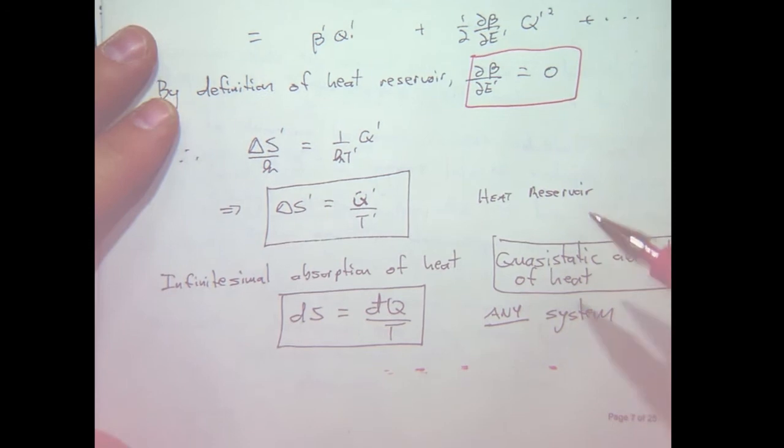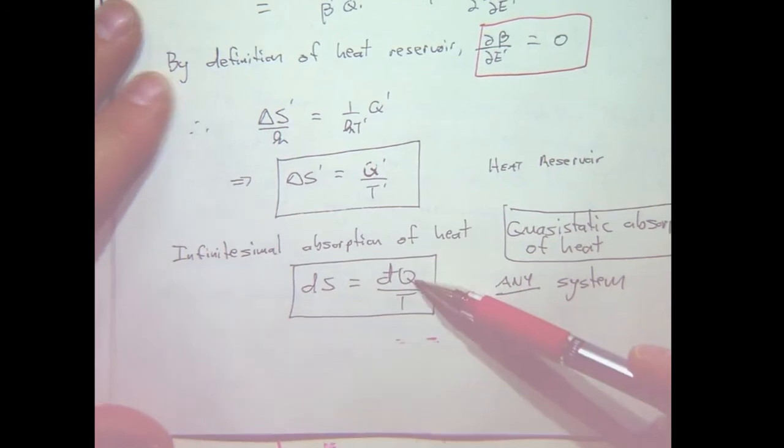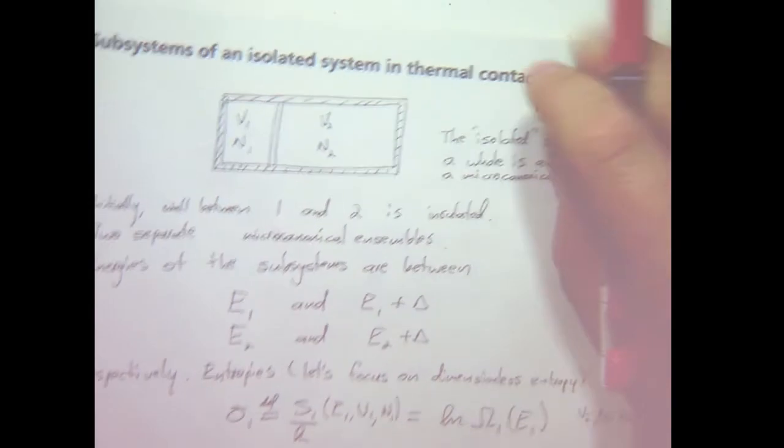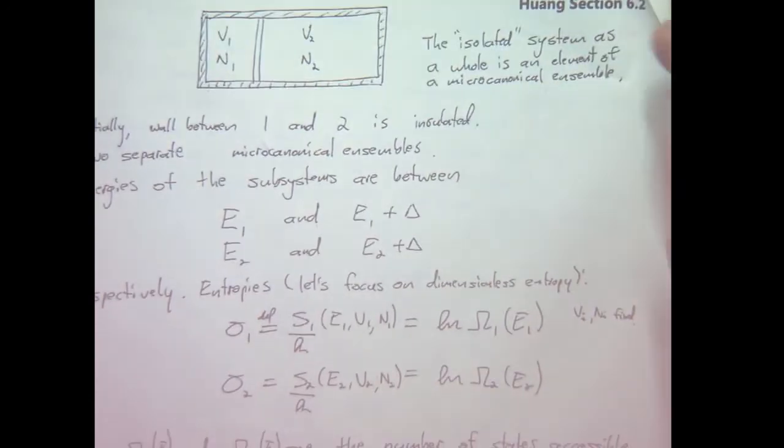For quasi-static absorption of heat, dS equals dQ over T for any system. I wonder if you can read the next section yourself. It's from Huang, section 6.2. It's just another way of showing that the energy is extremely sharply peaked.